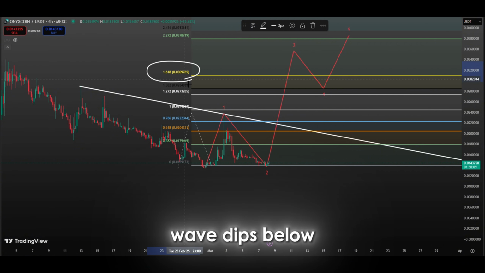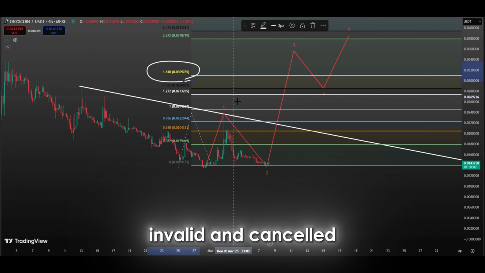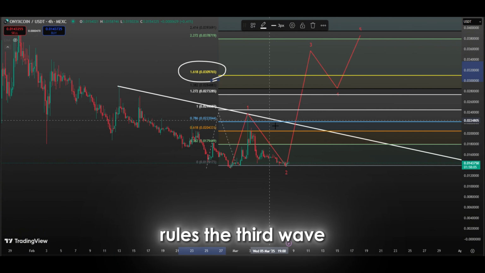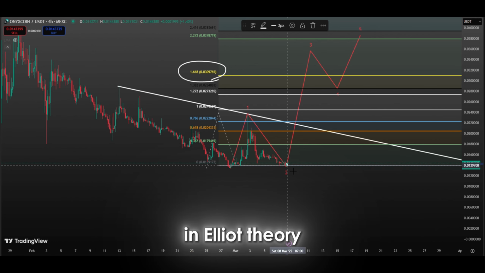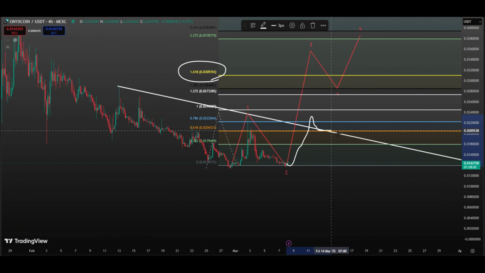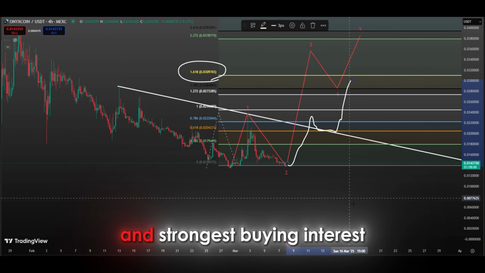If the second wave dips below the level where the first wave started, then the Elliott wave count is invalid and cancelled. If the second wave is completed according to the rules, the third wave, known as the strongest move, is next. In Elliott theory, the third wave is usually the longest and one of the strongest bullish moves. This is because it's the point at which the market sees the highest volume and strongest buying interest.